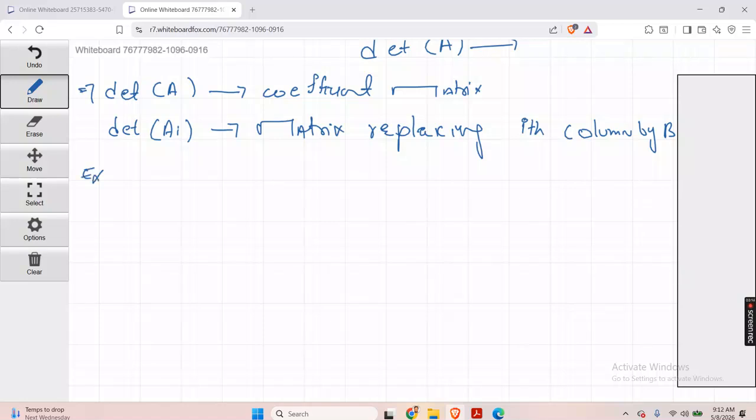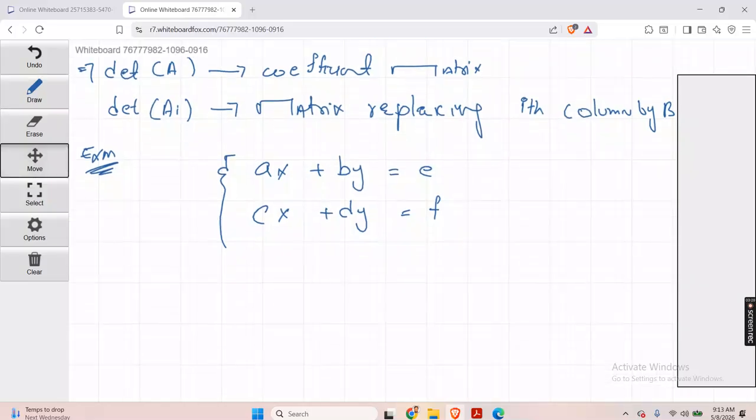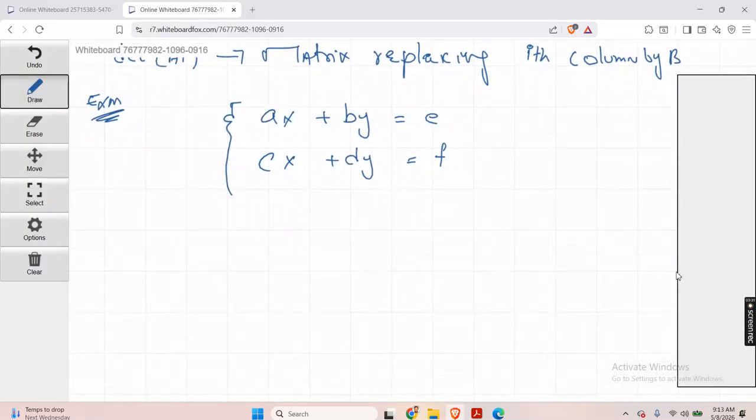We have, let's say, one example. We have a linear system ax plus by is equal to e, and cx plus dy is equal to f. This is one system of equations given to us.